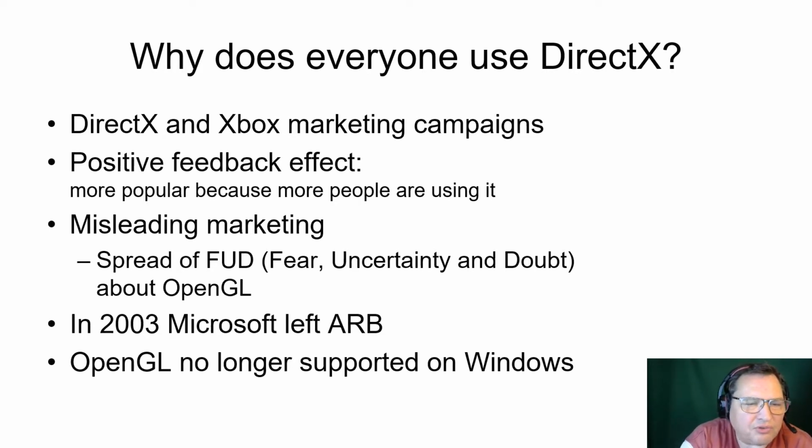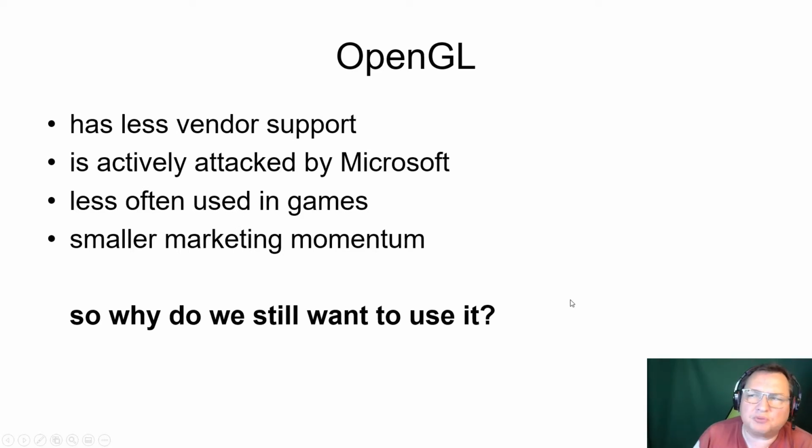Eventually in 2003 Microsoft left the ARB, and OpenGL is formally no longer supported on Windows. So OpenGL, compared to DirectX, has less vendor support, is actively attacked by Microsoft, is less often used in games, and has a smaller marketing momentum.